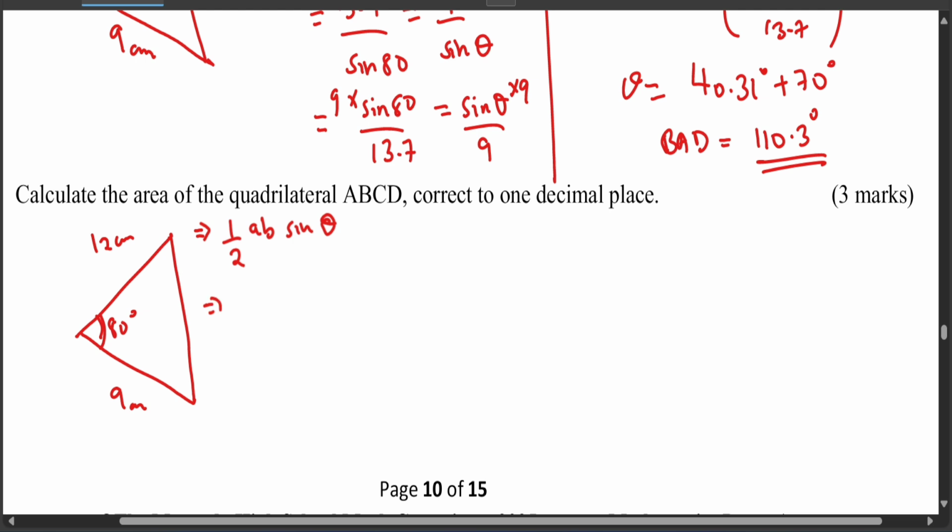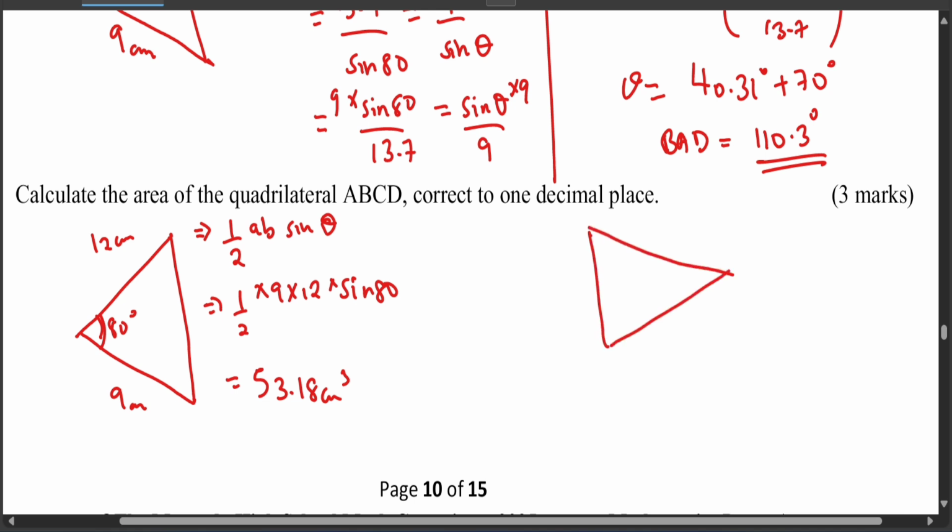So I have half times 9 times 12 times sin 80, which will give us an answer. Most probably half times 9 times 12 times sin 80 ambapo itakupa 53.18 centimeter square.